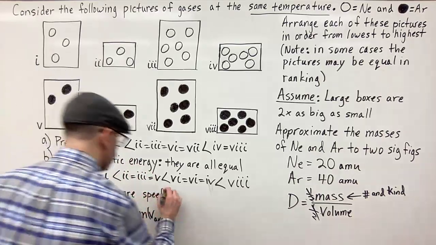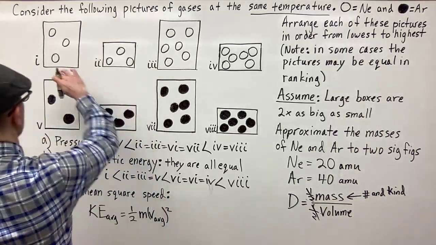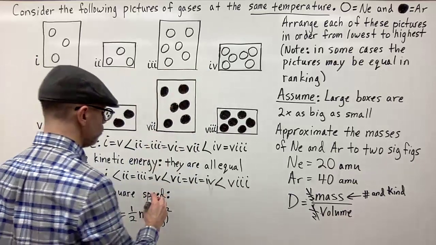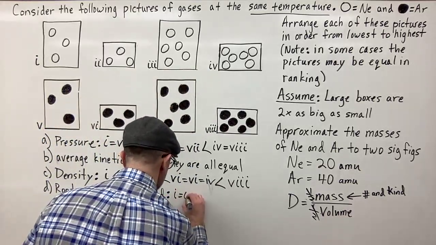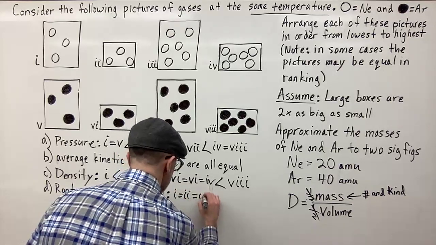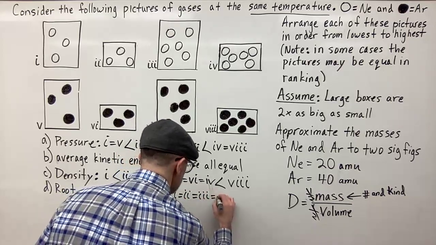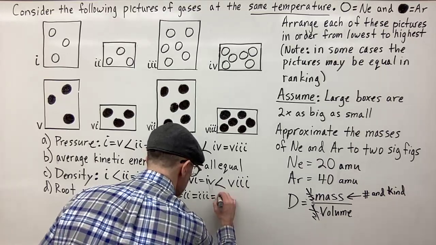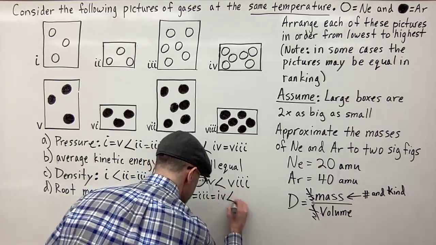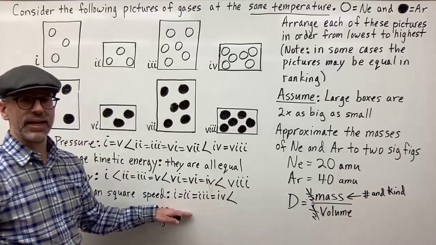So here, the root mean square velocity of 1, 2, 3, 4 are equal. So 1 is equal to 2, which is equal to 3, which is equal to 4.